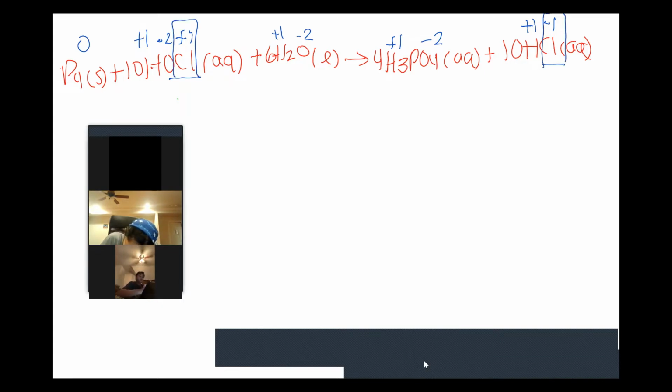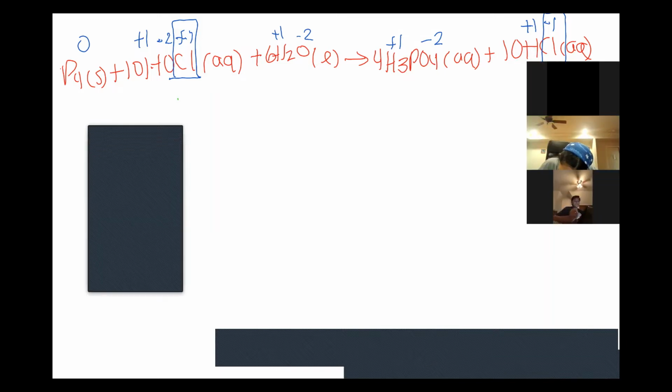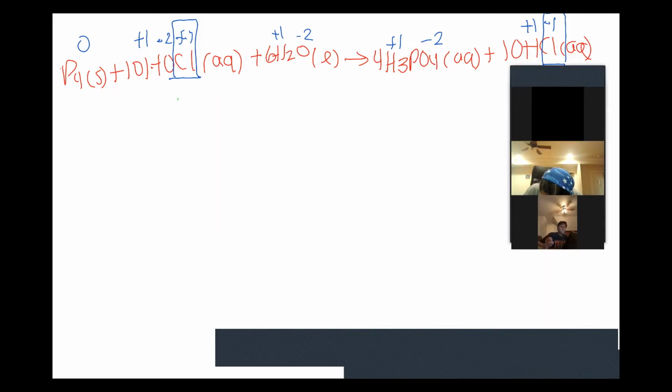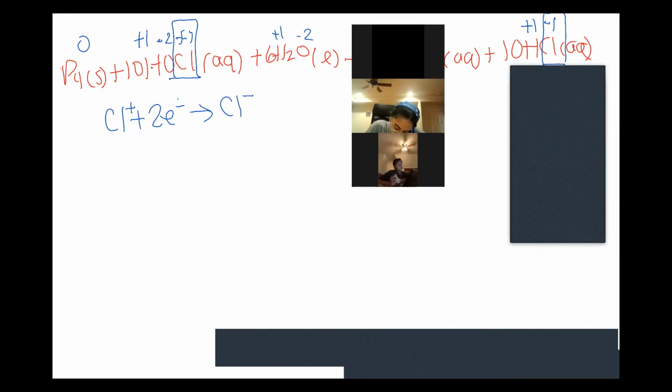So when your charge is going from +1 to -1, that means that chlorine is being reduced, right? So we can write that as Cl plus 2 electrons is Cl minus, right? Because the charge was reduced, which means it's gained electrons.